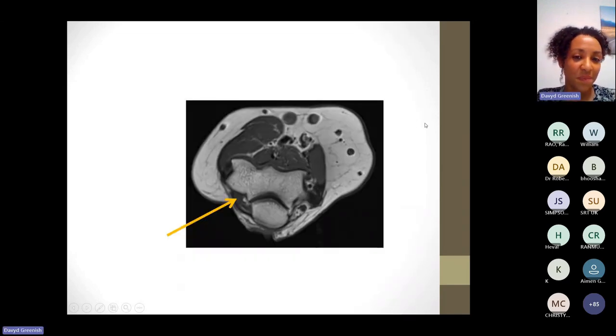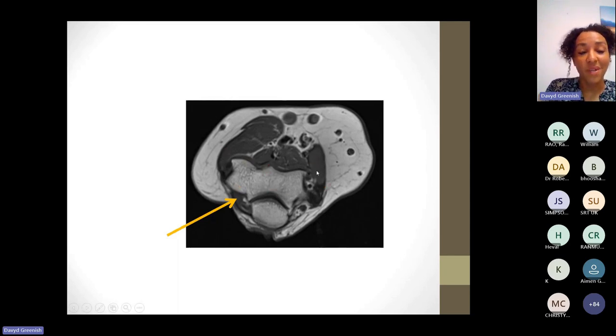Slightly trickier muscle now. If you know it, chuck a response in the chat. But if you don't, please don't be worried because this is getting into niche anatomy, but it's all possible. So firstly, take a step back. Can we orientate ourselves? This is a classic appearance of the distal humerus and the trochlea.